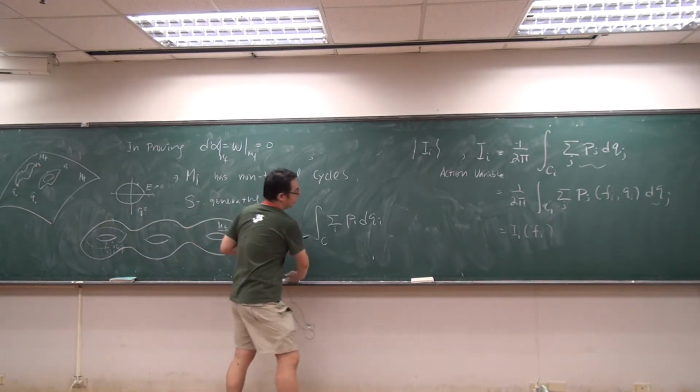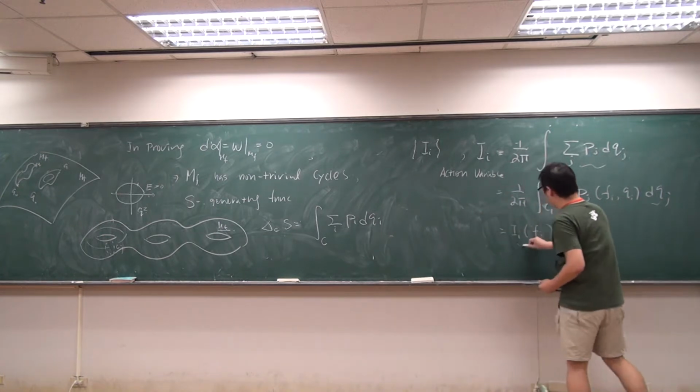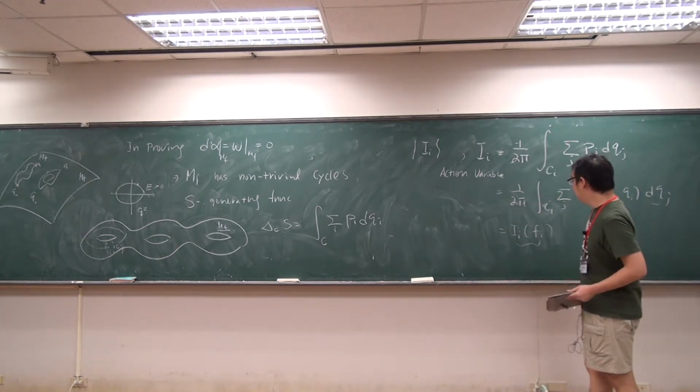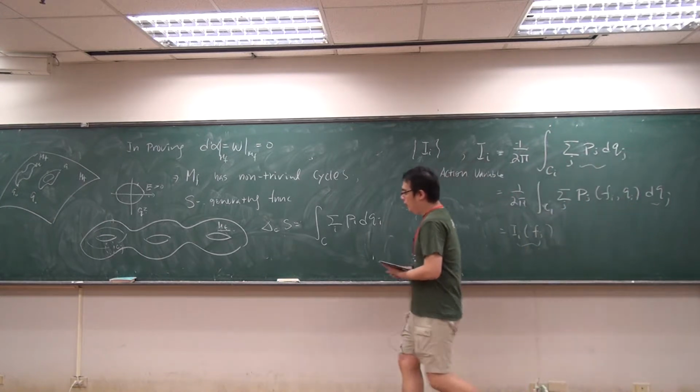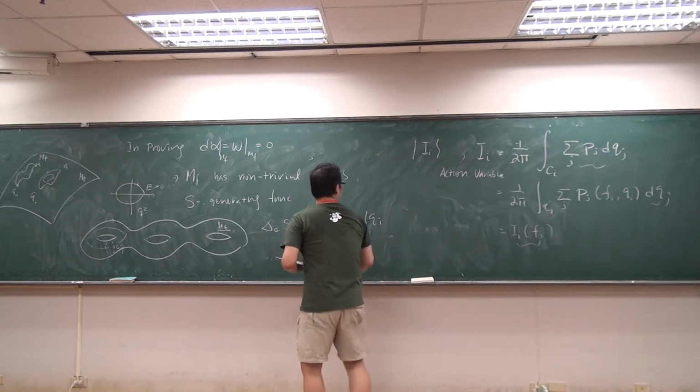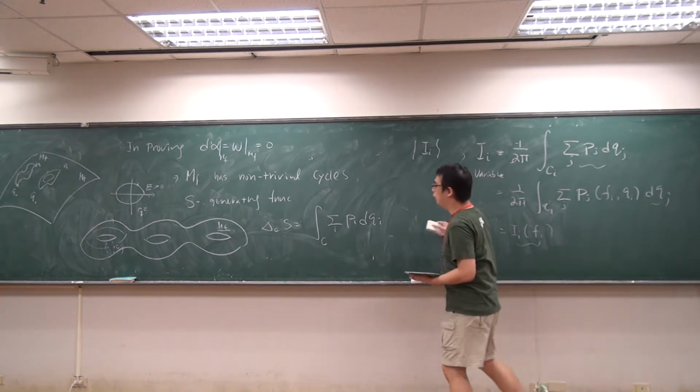So again, this is a function of those conserved quantities F. We can imagine there's another canonical transformation.